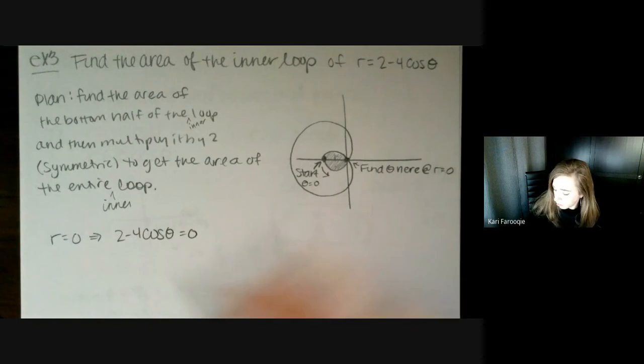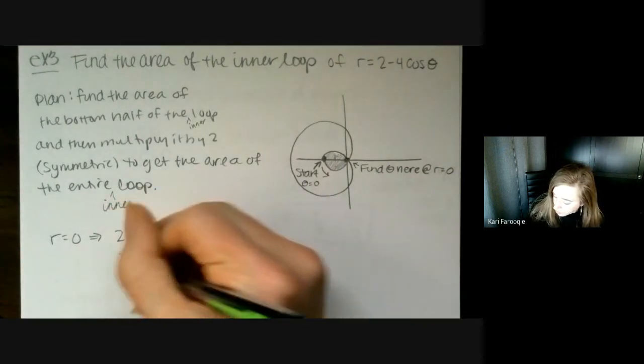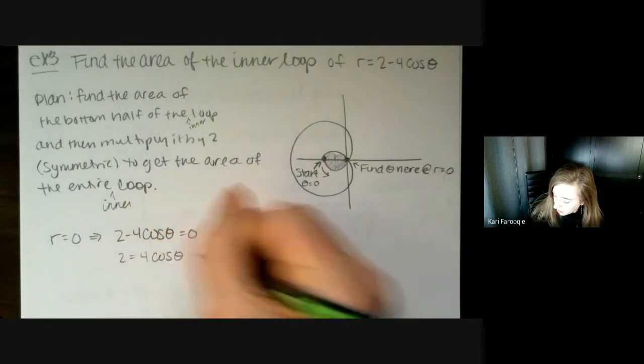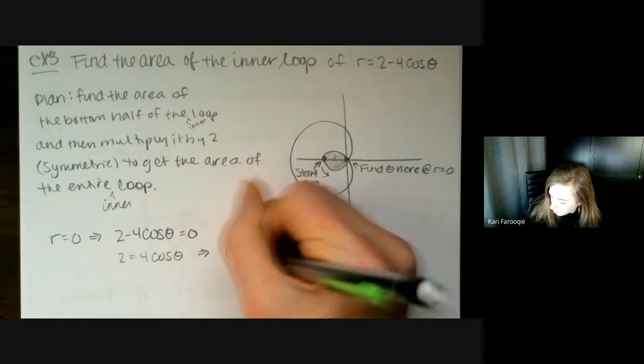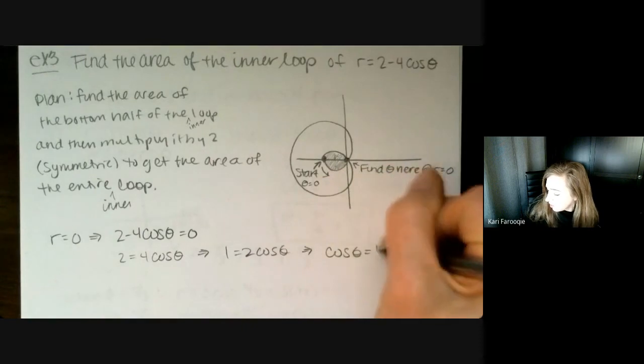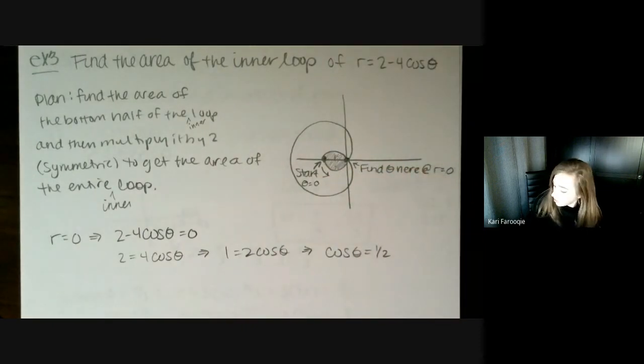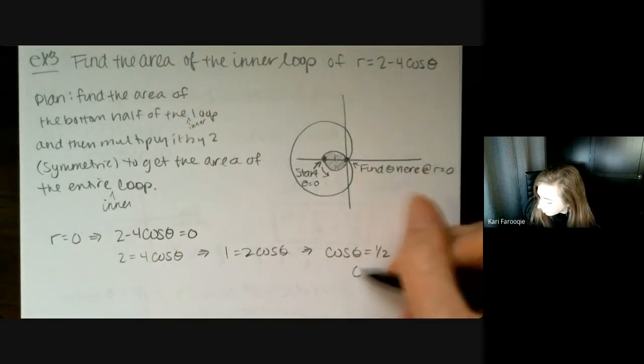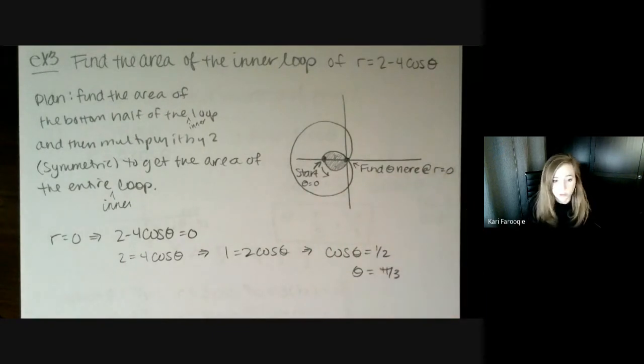And so we're going to look at the radial line. You can add 4 cosine theta to both sides, divide both sides by 2, and you'll get cosine theta equals a half. So we know that this is going to occur first for theta equals pi over 3.